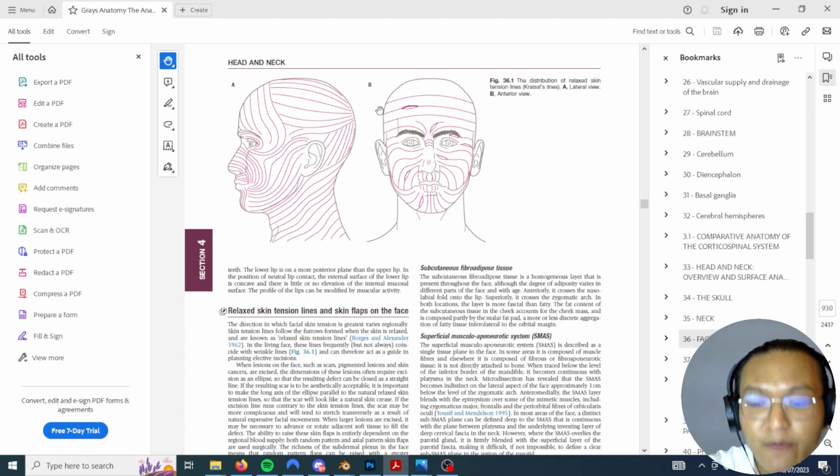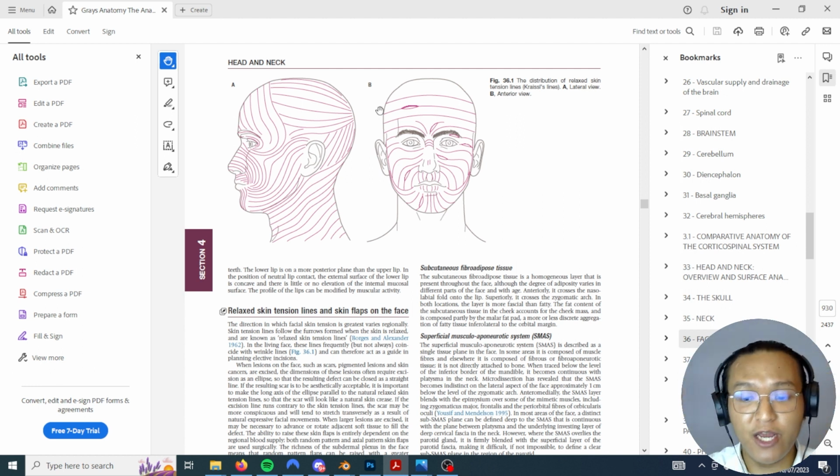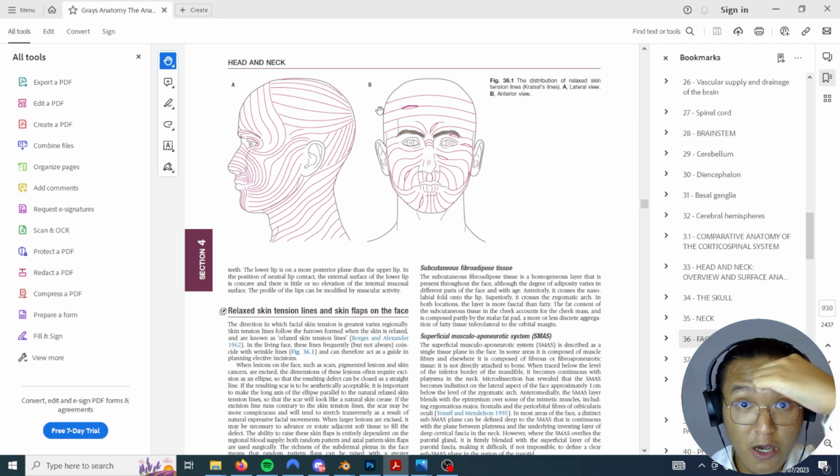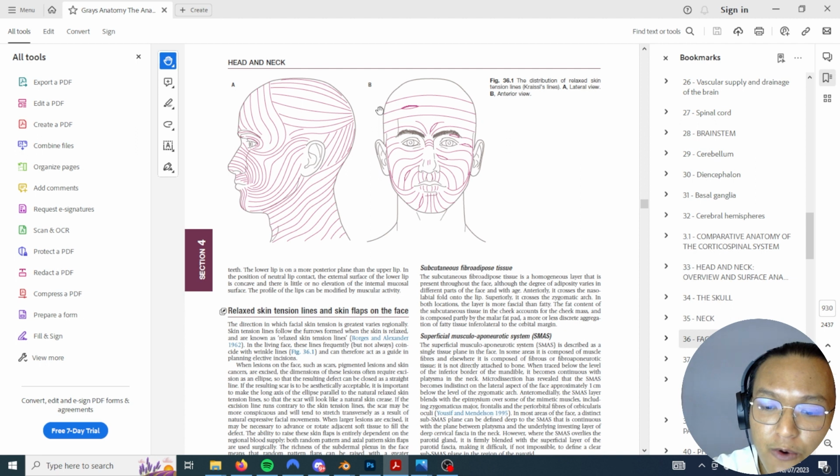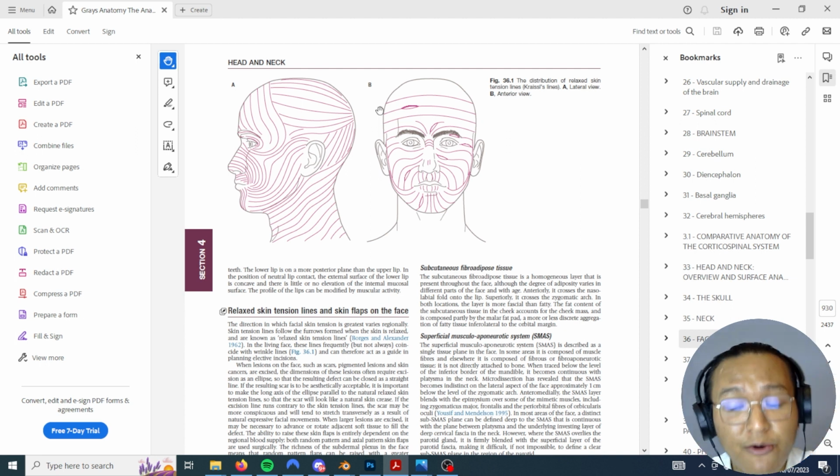And when the muscles on our forehead contract or are activated, they will go in this vertical direction. And when that happens in our forehead area, there will be these horizontal lines, right? So that is the spring theory.